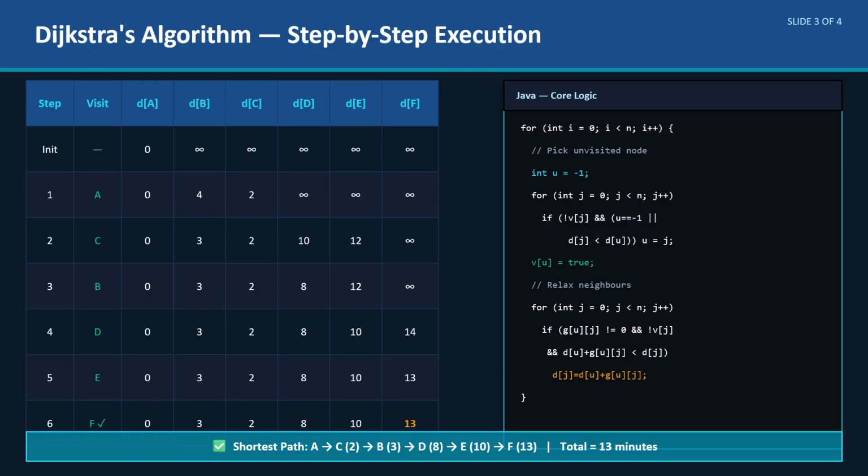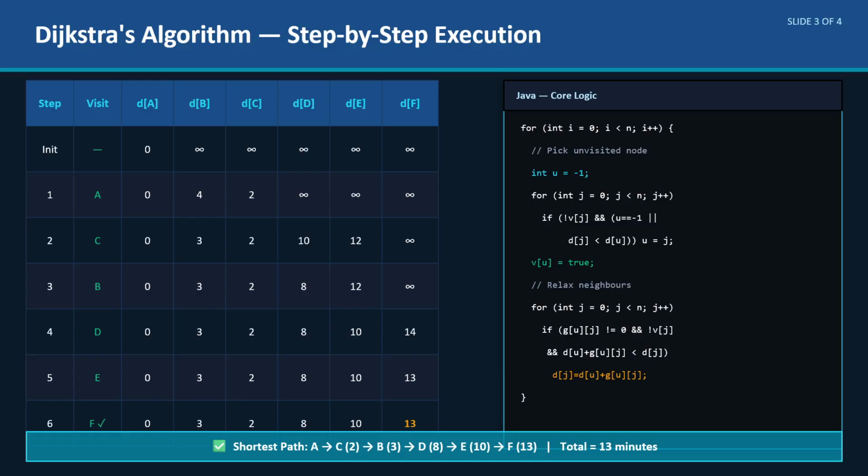We start with the distance array, let's call it D. We set the distance to every node as infinity first of all, which means unknown. Except the starting node A, which is 0, because we are already there.